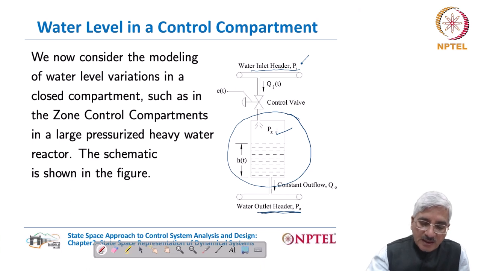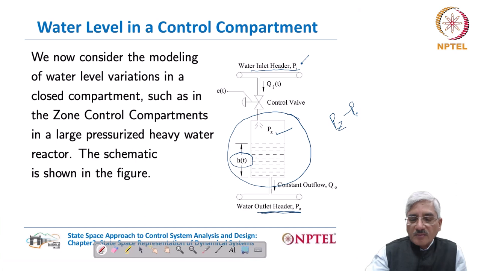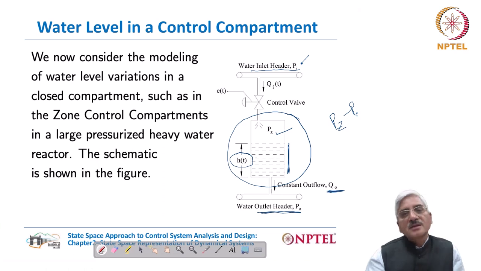Actually, PZ is maintained relative to P0 at a higher level compared to the pressure equivalent of H. So essentially, PZ minus PO, the compartment pressure minus the water outlet pressure, is much larger than rho g into H. And so the level variations in the compartment will not reflect into significant changes in the output.